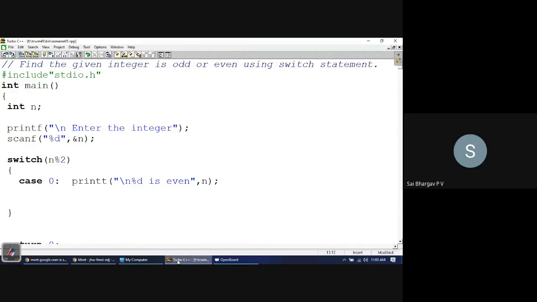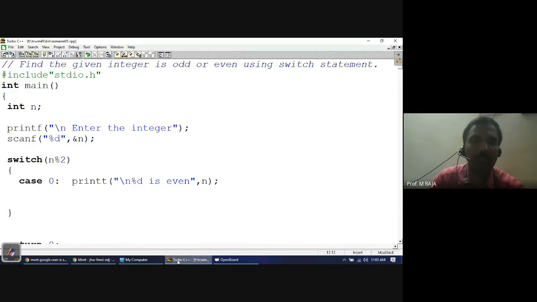After that, logically we need to give a break statement. Then only control comes out of the switch block. Otherwise, it executes the successive case statements as well, so that we will get an incorrect result.